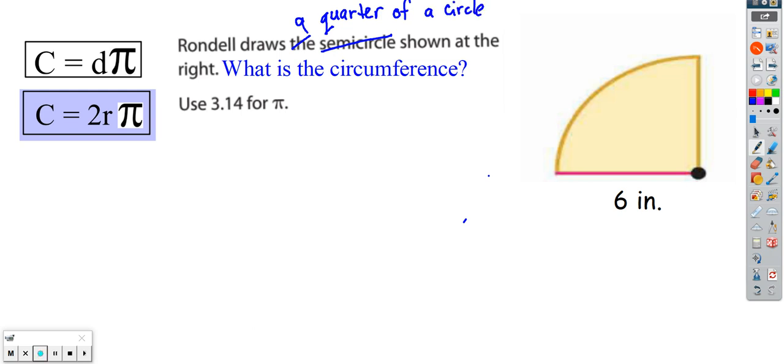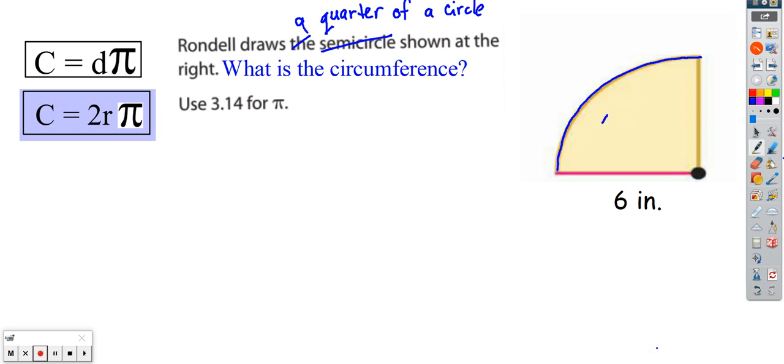What is the circumference? Again, we're just finding this part of the circle. I want you to pause the video and find the circumference of this part of a circle. All right, let's see how you did.